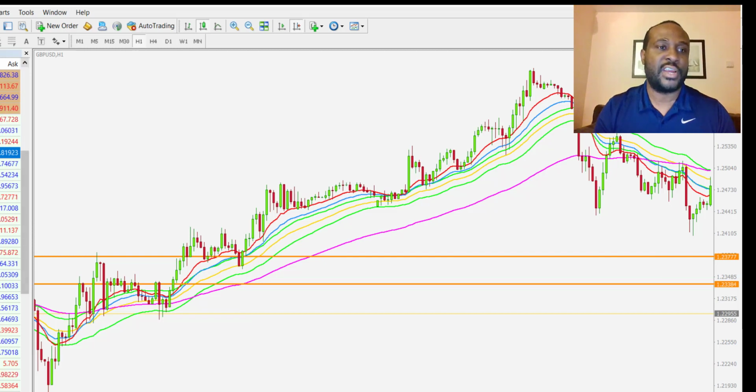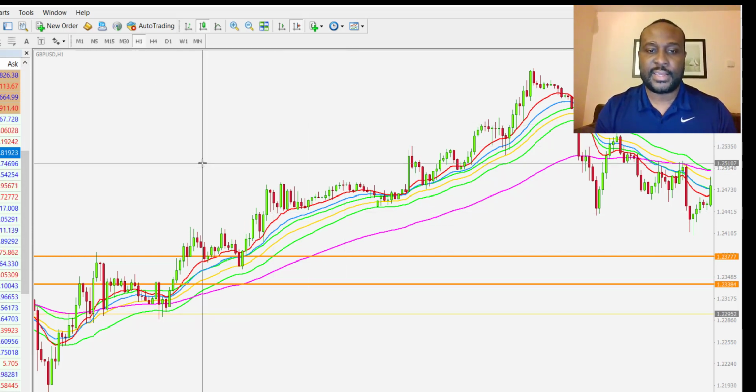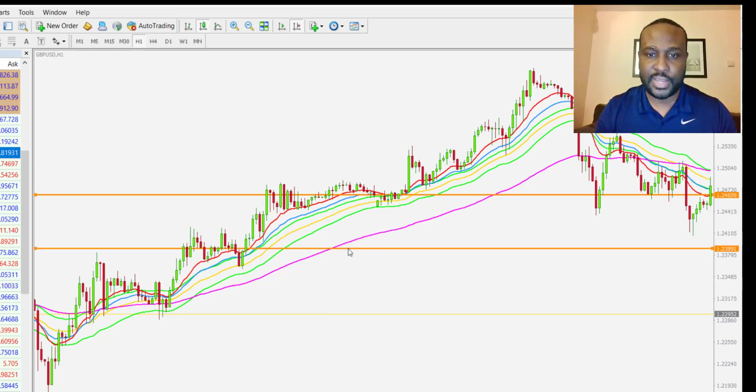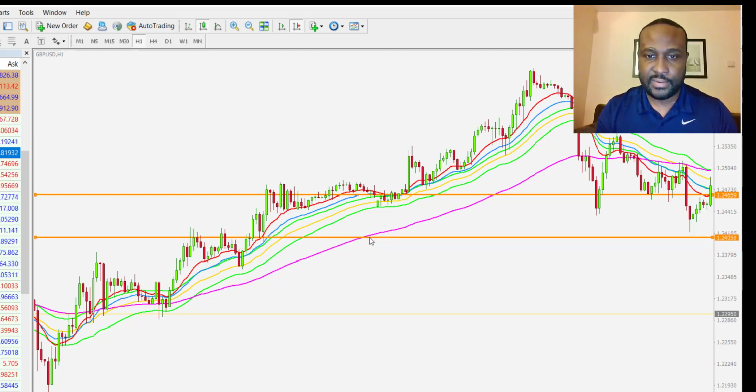You get into another trade here, and the entry would have been there. Stop loss would have been around here, and the size of that stop loss, 61 pips.